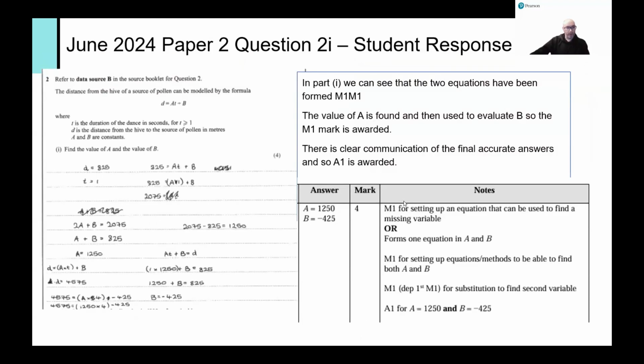So we've formed 2 equations, so they have got the 2 method marks. The value of A is found and then used to evaluate B, so they get another method mark. And they have clearly communicated the answers which are accurate, therefore they get the accuracy mark as well.